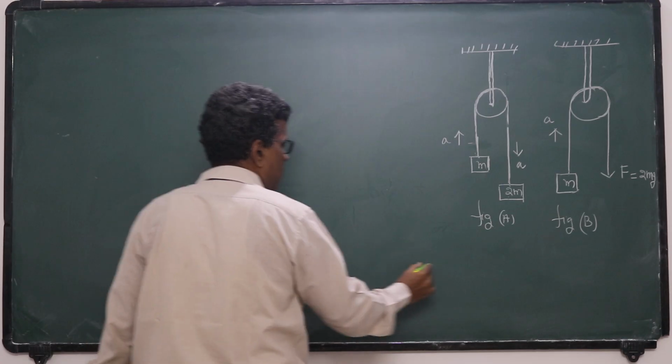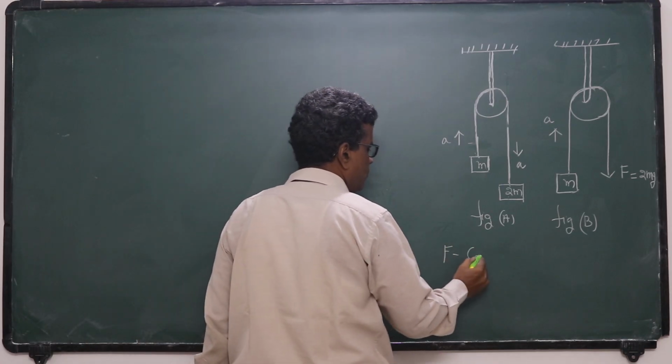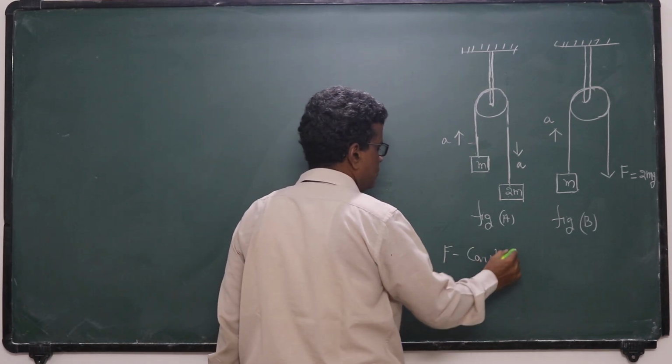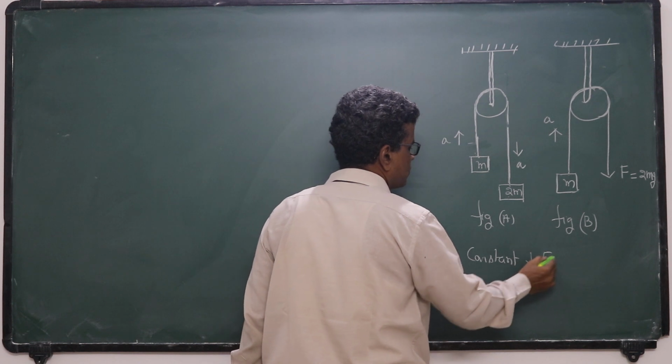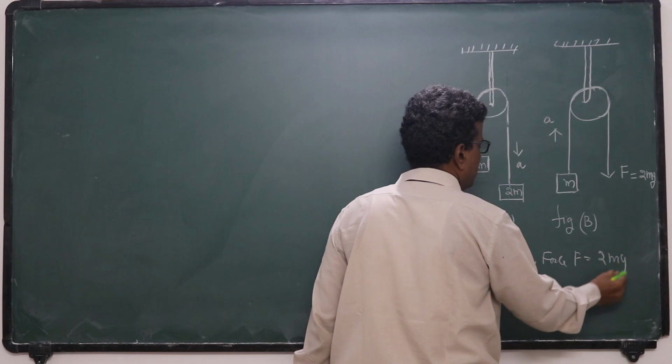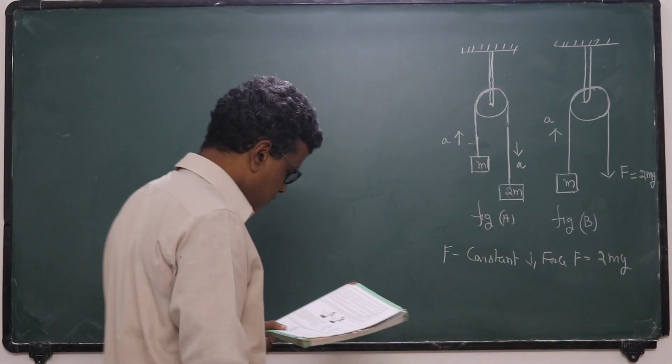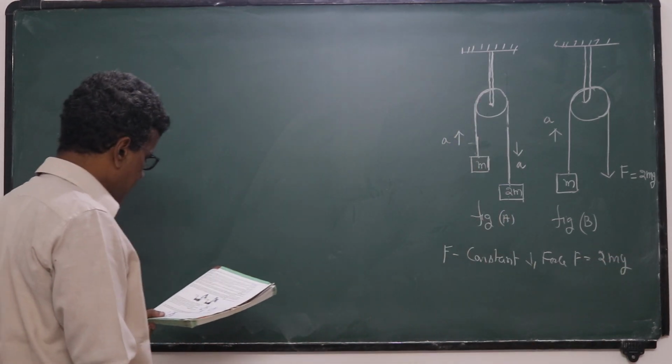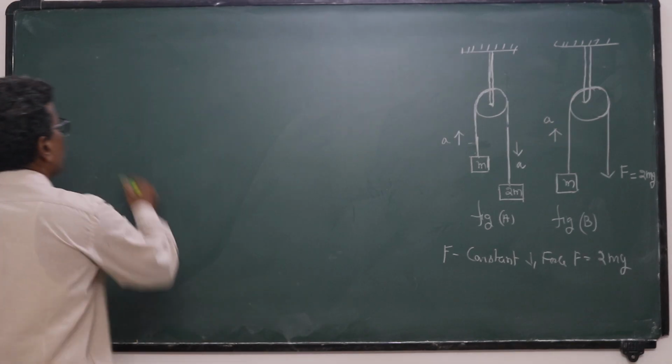What is F here? F is a constant downward force. F is equal to 2mg in figure B, okay. In which case is the acceleration of m more?